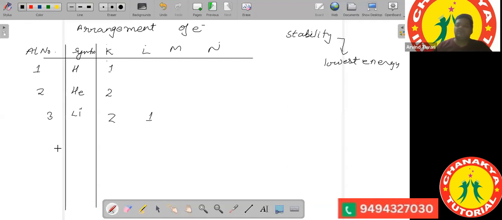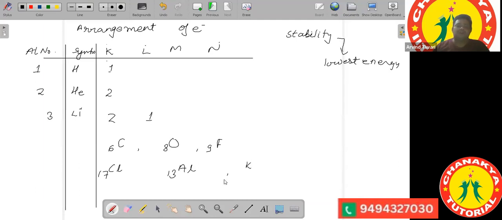Okay. Can you write in this way? Can you write for carbon? What will be the configuration for carbon? All of you write down the electronic configuration of carbon, whose atomic number is 6, oxygen, atomic number 8, fluorine, atomic number 9, chlorine, atomic number 17, aluminium, atomic number 13, and potassium.